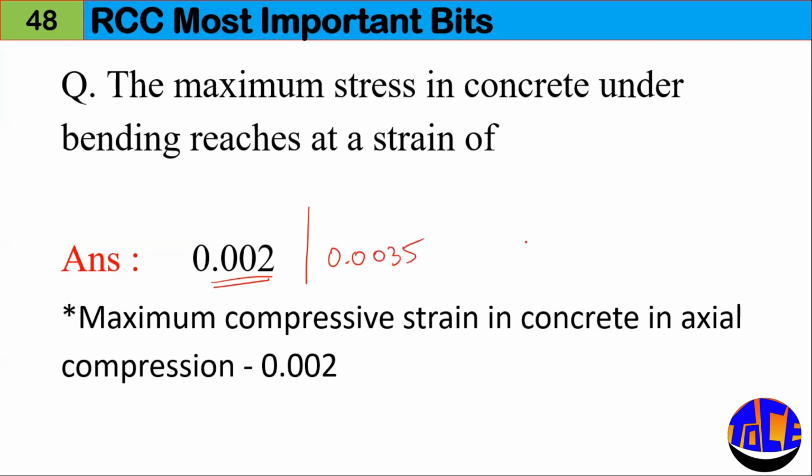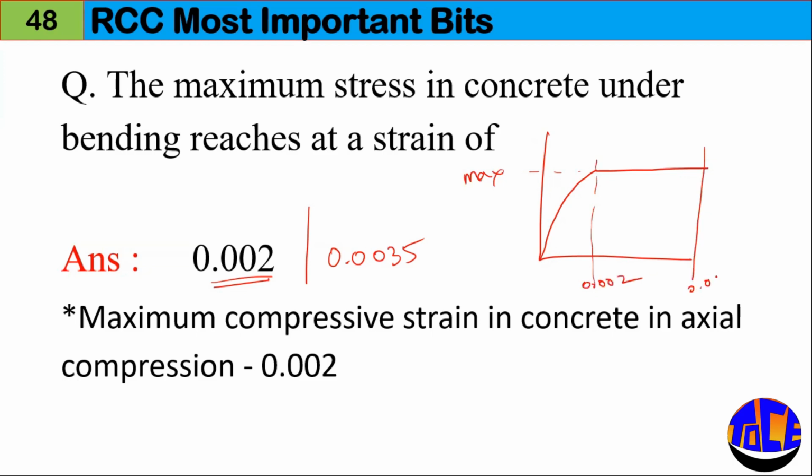Here he asked where the maximum stress is reached. If you remember the stress diagram, it will be something like this, and it will then become constant. So here this is the maximum stress. It is reached at 0.002, and failure is at 0.0035.